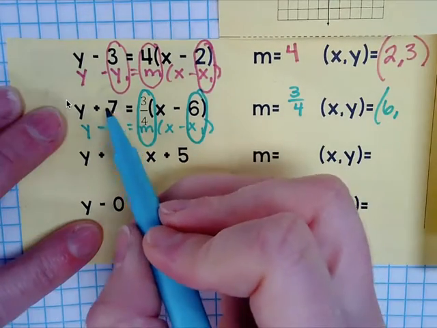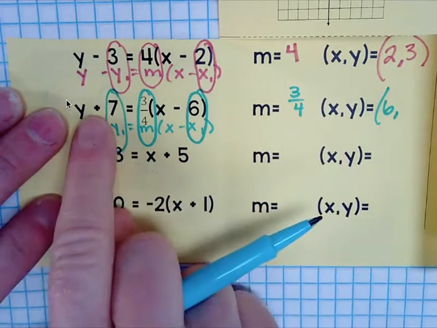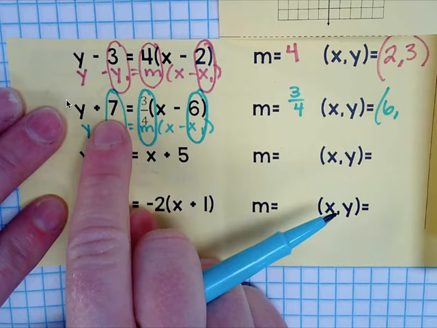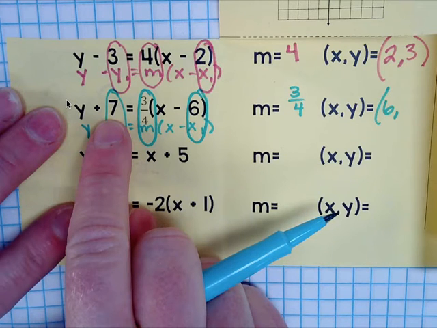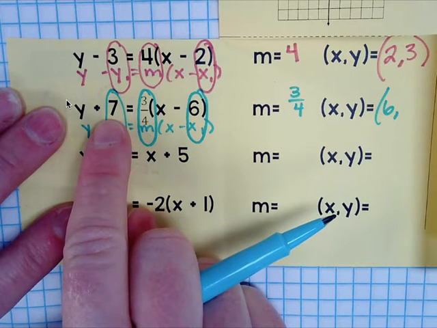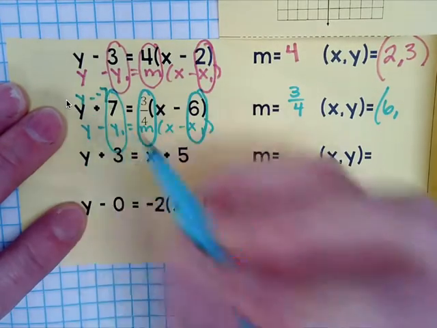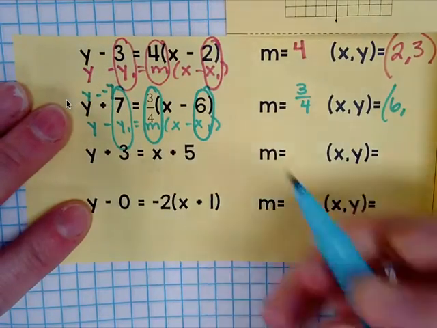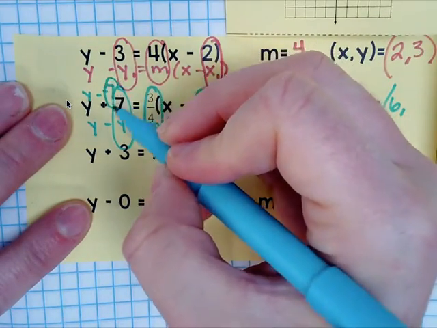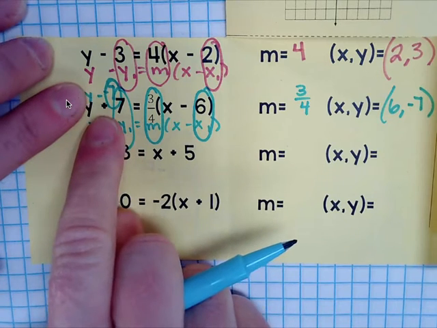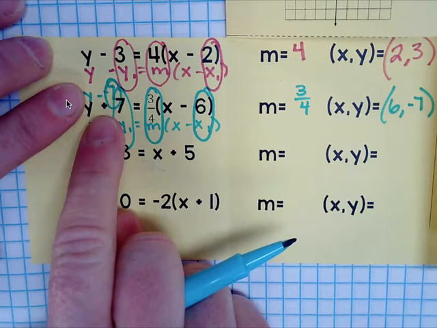Our y1, these are not the same because this says plus 7. How does this ever change to plus? If there's 2 negatives there, it would be y minus a negative 7. So y1 is actually negative 7. You see how, if this is positive, then you change the sign. The point is the opposite sign.